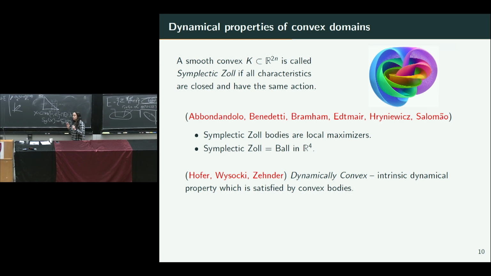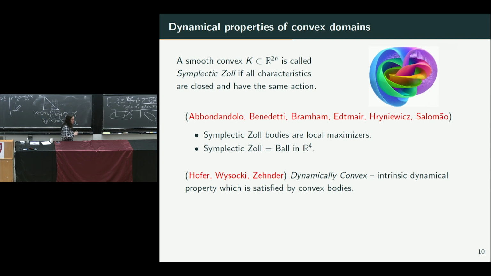Specifically, it measures, very roughly speaking, how much the neighboring orbits of a closed orbit spin around the orbit. And it is known that for convex domains, they have to spin at least some amount. So all convex domains are dynamically convex.